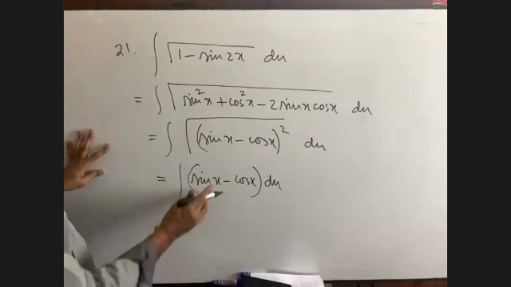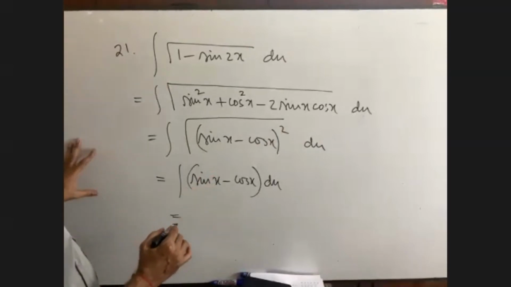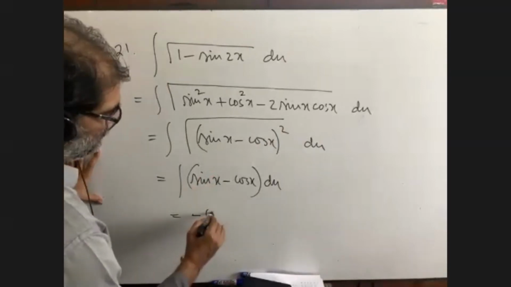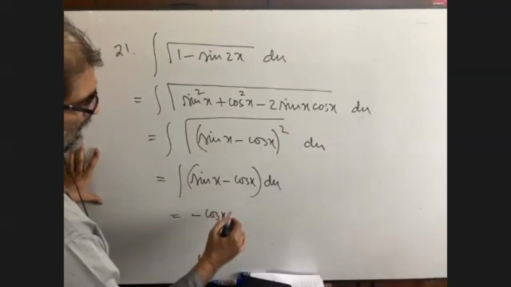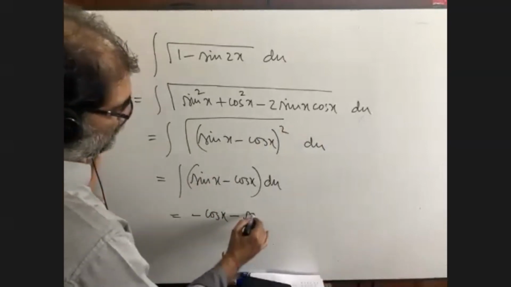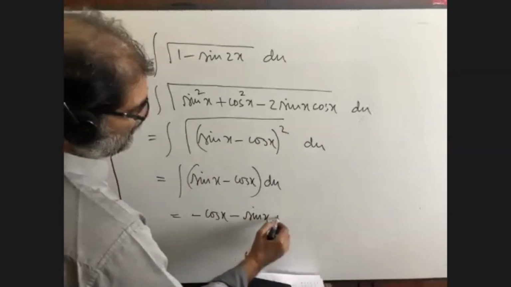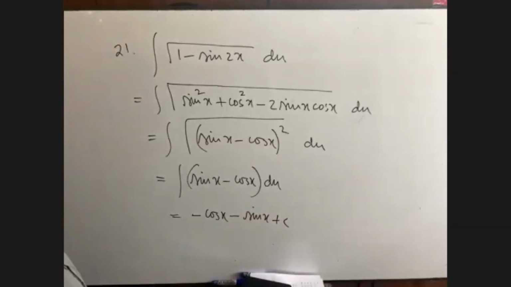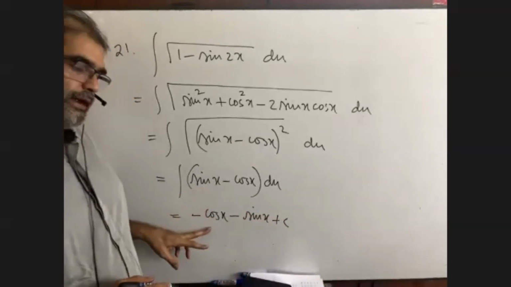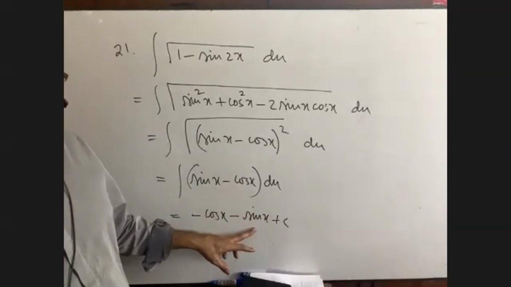Now let me know, sin x is what? Minus cosine x, and cosine x is what? Only sin x plus c, and we have got our answer. Sin x is minus cosine x, and cosine x is only sin x. Okay.